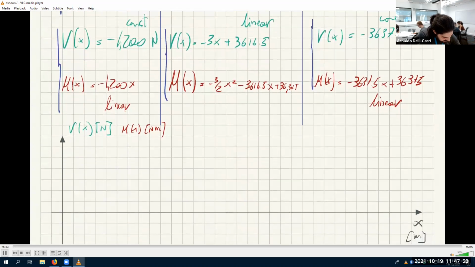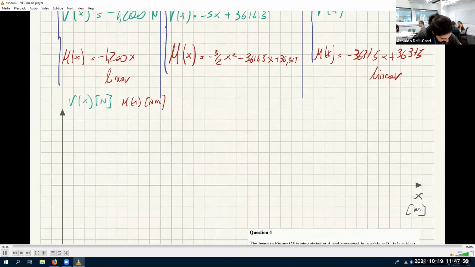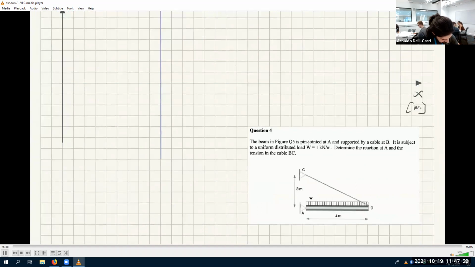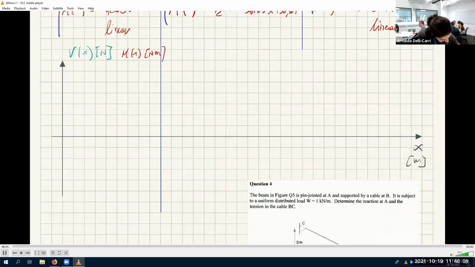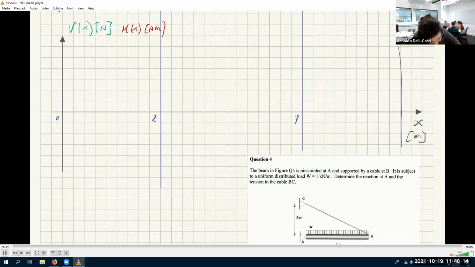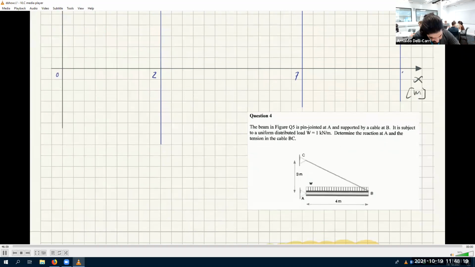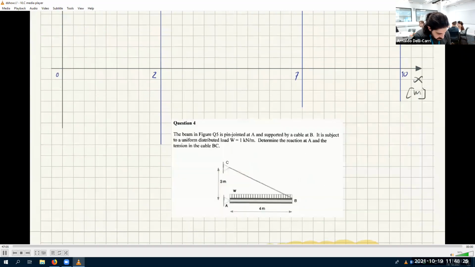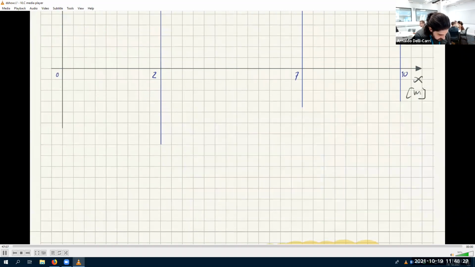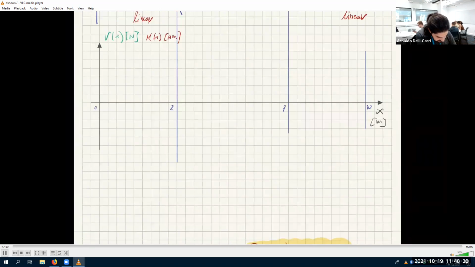I end up with minus 4,200. Now this is of course from 0 to 2 meters. This until here is 7 meters. And until here, this is 10 meters. I'll remove this one because this is easier, so we are not going to solve this question because it's more of the same.